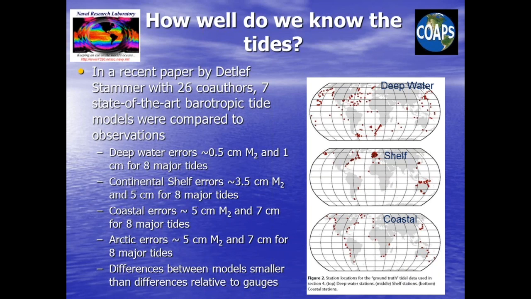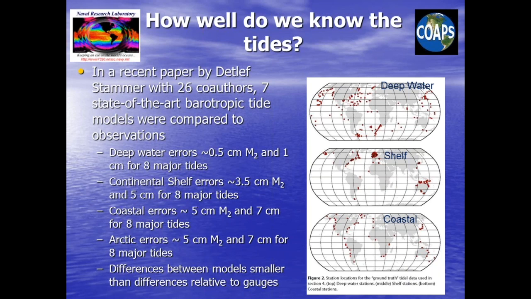And so there are 7 models that were in this competition. The 7 models actually agreed pretty well in general. And when you compare them to these deep water tide gauges, which were not used by any of the models to create their solution, it turns out the RMS error globally in the main semidiurnal tide is 0.5 centimeter. So it's pretty small.